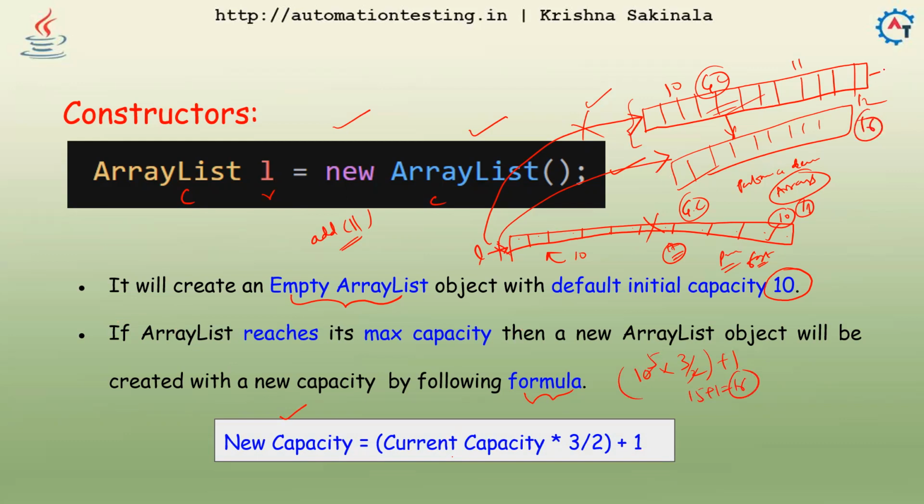When it reaches the next one, 16 into 3/2 is 24, plus 1, so 25. This size is 25, right?